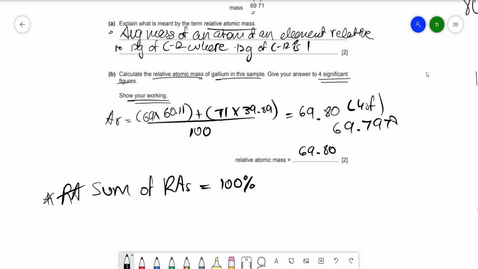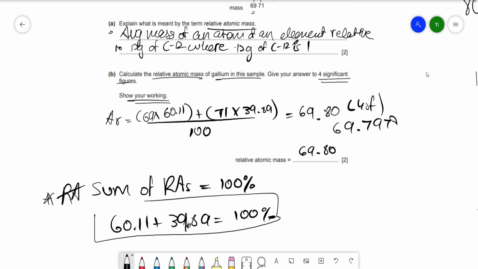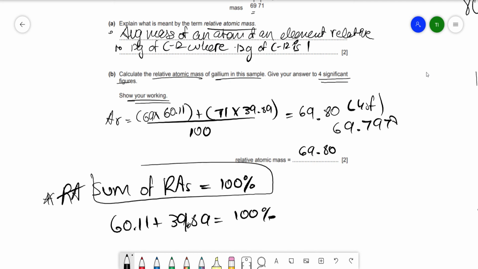So in this case, 60.11 plus 39.89 is equal to 100%. It has to equal 100%. So whatever calculations you do, if you ever have to deduce the unknown relative abundances, sometimes you have to use this concept: the sum of relative abundances is always equal to 100%.